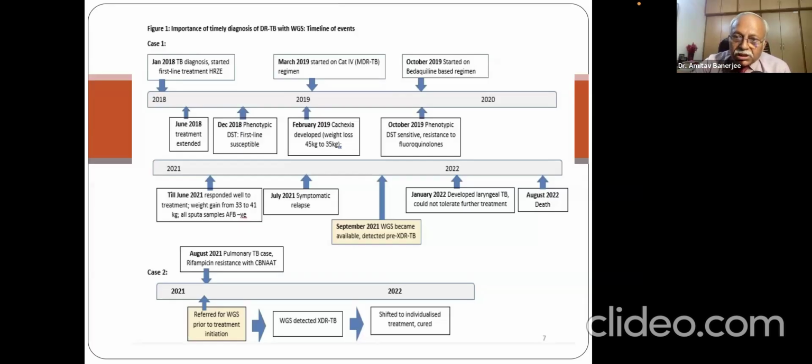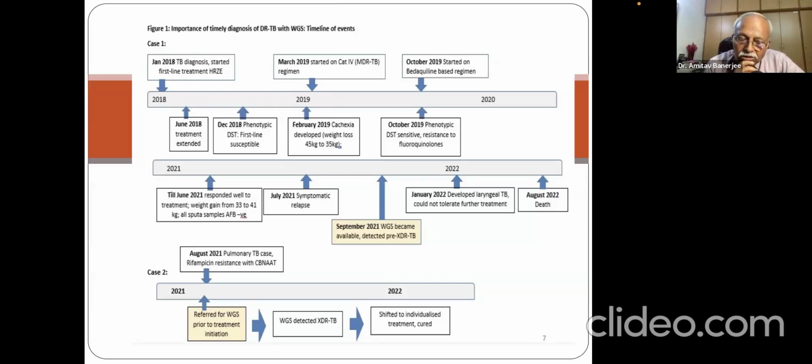So the first one was just hit and miss, based on only one clue. You get only the most prevalent test like CB-NAAT, and nucleic acid amplification is based on rifampicin alone, whereas here you get a profile of 18 drugs. So definitely WGS will help us cope with multi-drug resistant tuberculosis.